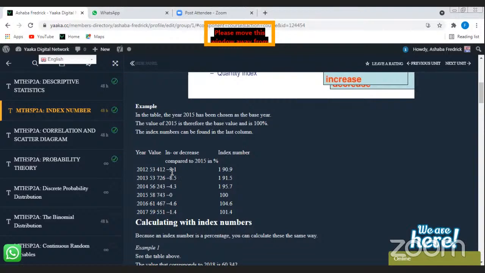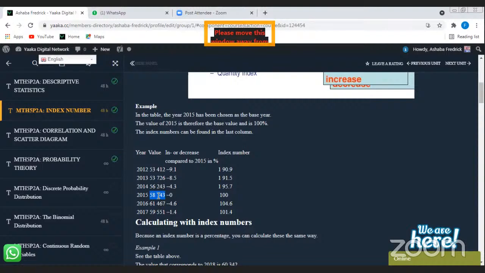So we are seeing here that compared to 2015, which they used as a base year, 2015 is here. So it had 58,743. So that was given a 0, because when we subtract it from itself, it gives us 0. And then this was 19.